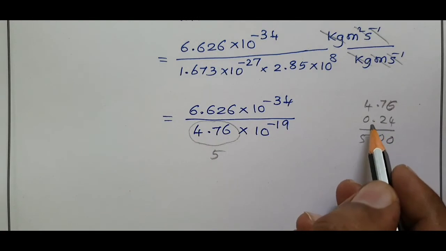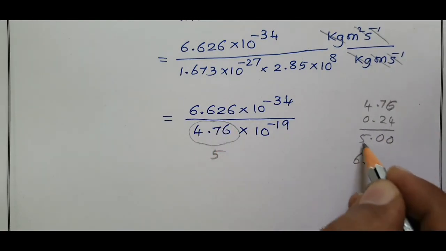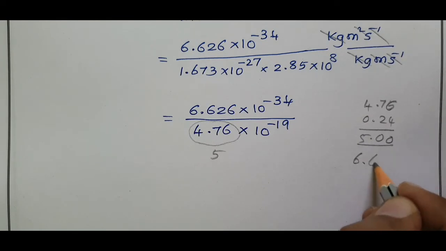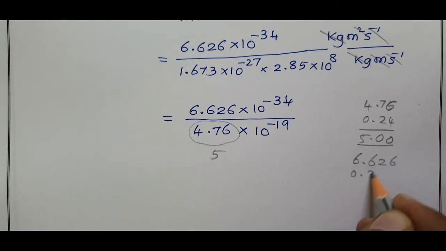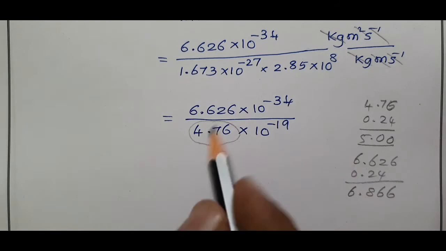Now if you add 0.24 to the denominator quantity, you have to add the same 0.24 to the numerator value, so this becomes 6.866. Now we cancel these two.